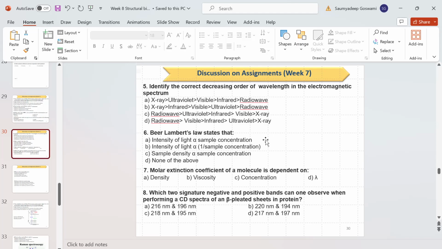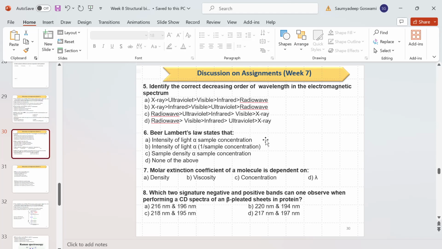If it is the intensity of light emitted, then it will be wrong. That is not clear. If you consider it as intensity of light absorbed, then it is directly proportional to sample concentration, so it is correct.